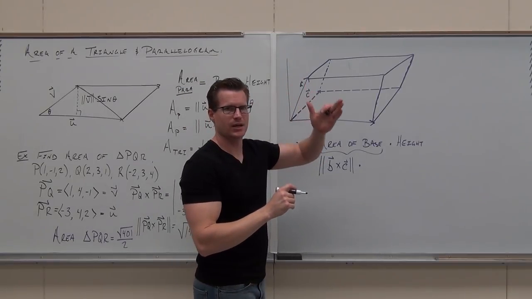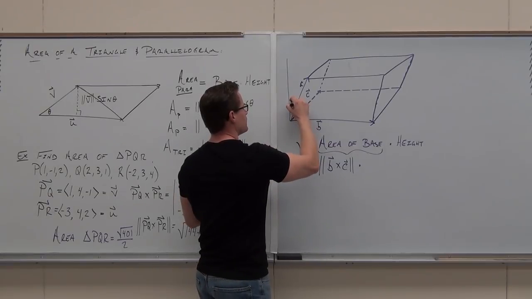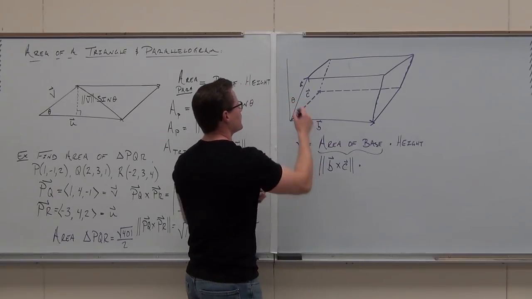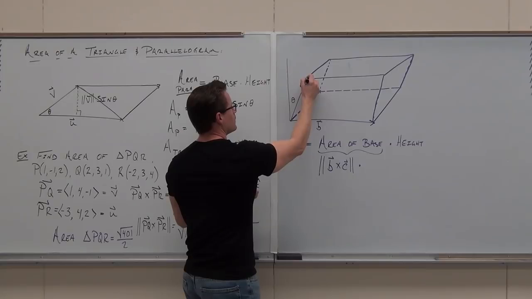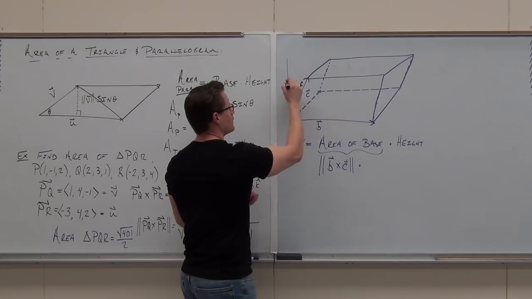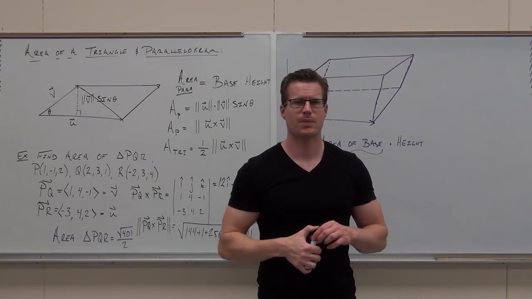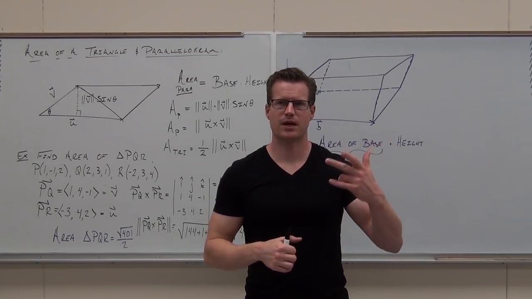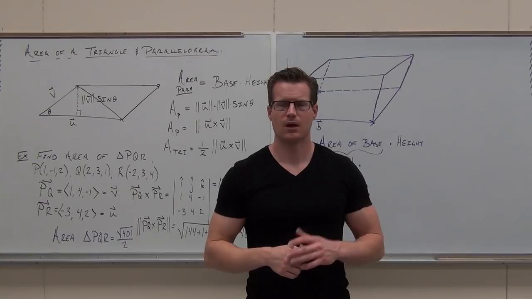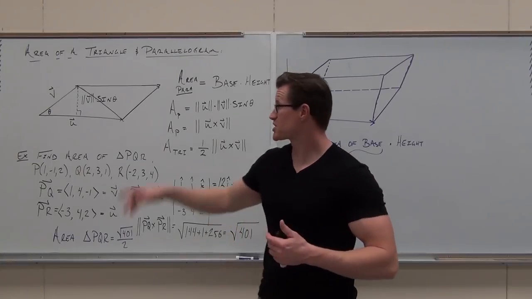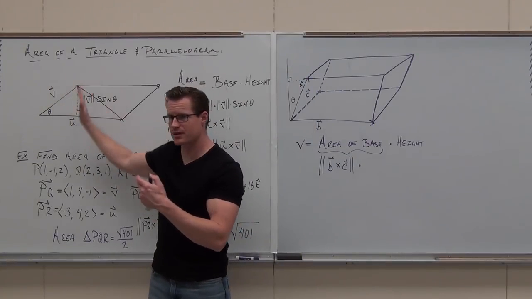If A has an angle off of that, then really what the height is would be the projection of A onto that height, just like we had the projection of B onto this height.